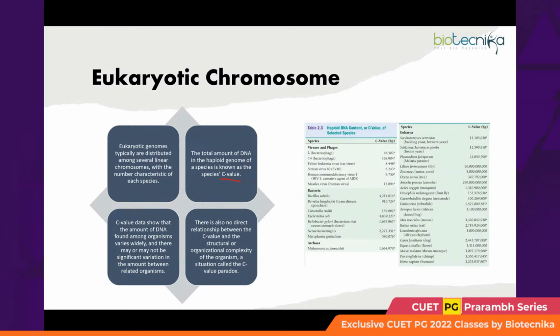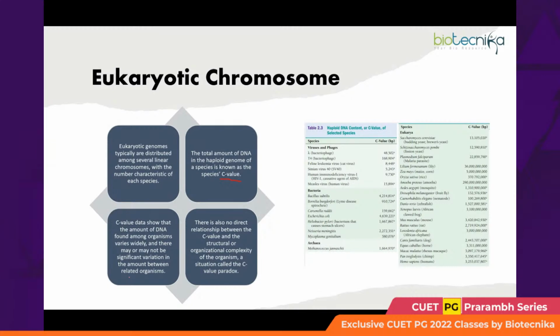Now, on this side, I have given you a chart table that has the C value of different organisms, starting from viruses to bacteria to eukaryotic cells. The C-value data show that the amount of DNA found among organisms varies widely, and there may or may not be a significant variation among related organisms.